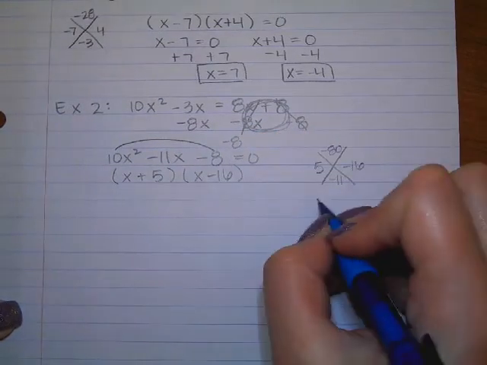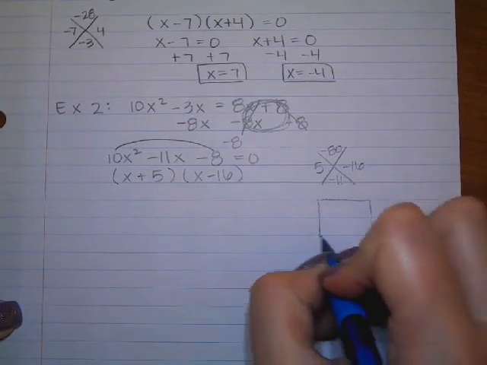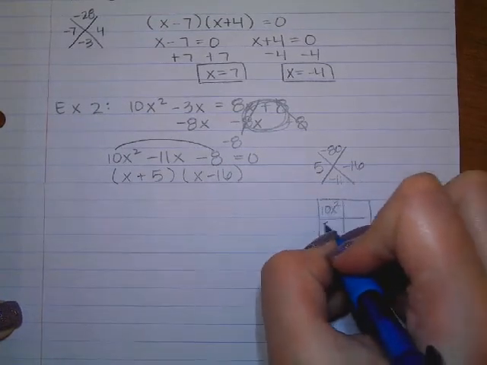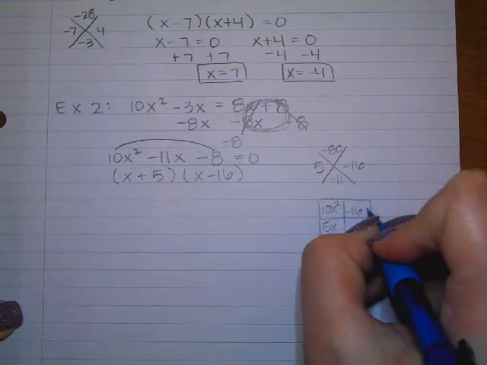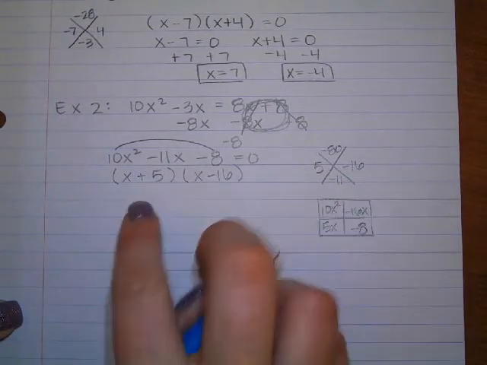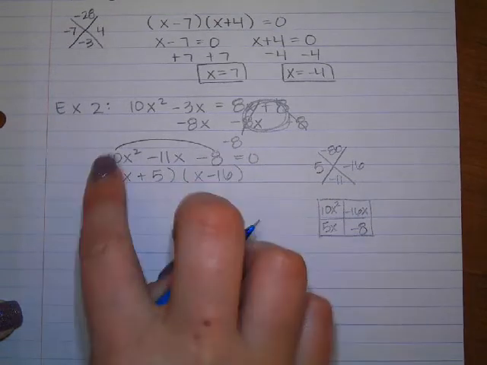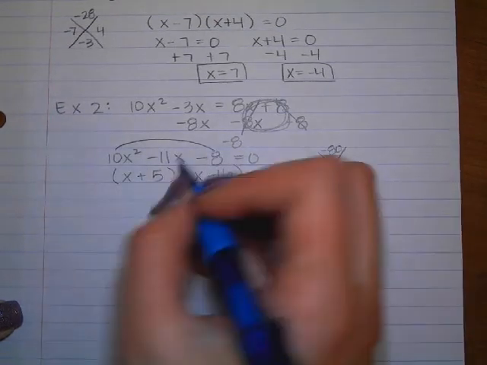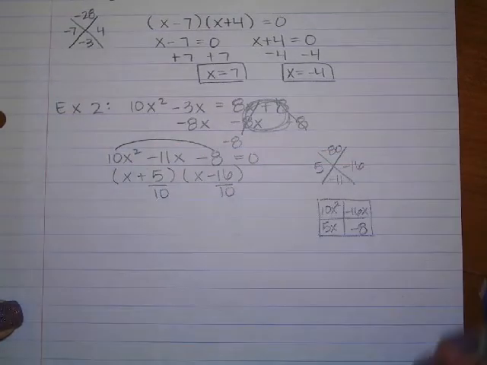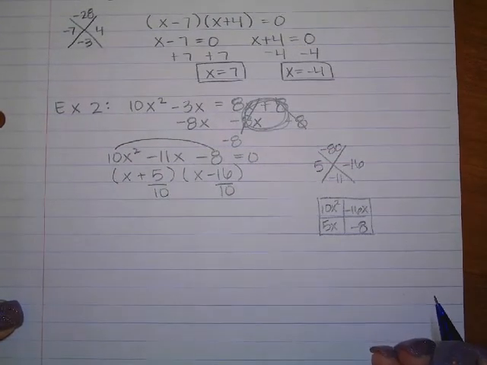If you want to go ahead and do the box method, that's totally fine. So 10x squared, 5x, negative 16x, negative 8. That's totally fine. So I slide the 10 over to the 8, I figure out my numbers. Now I need to divide by the number that's in front. And I need to simplify those fractions.